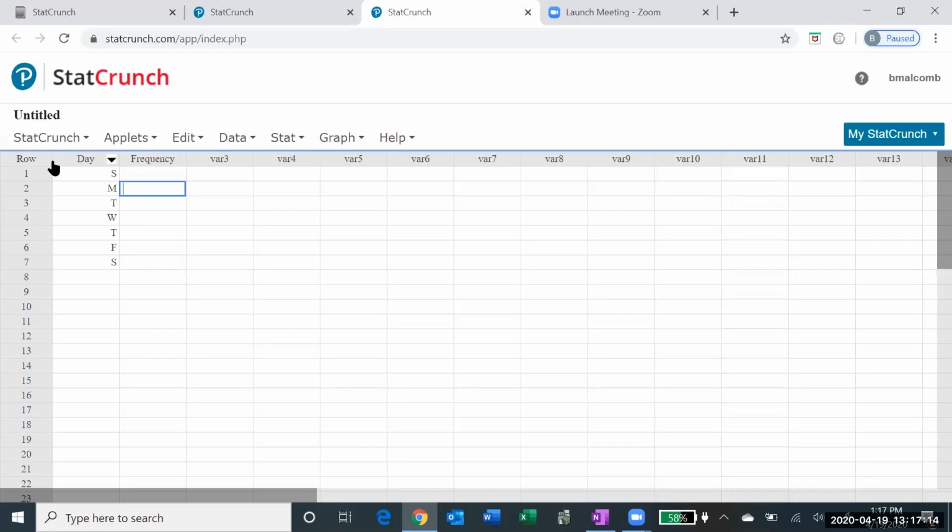And the frequencies, we'll be able to put those in. So we have 5, 5, 11, 12, 11, 18, 7. Okay, perfect. So we've got all the data in there.